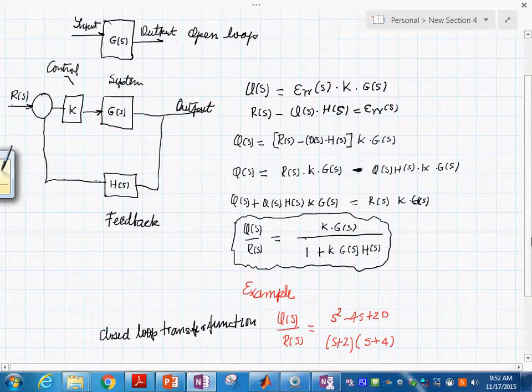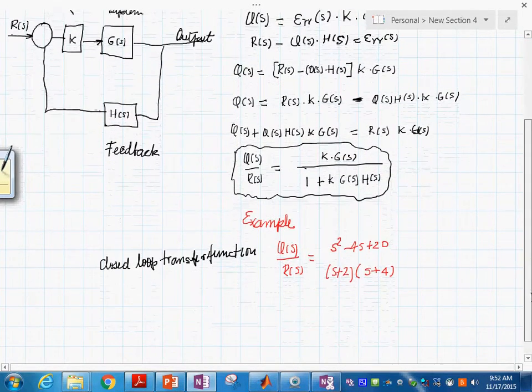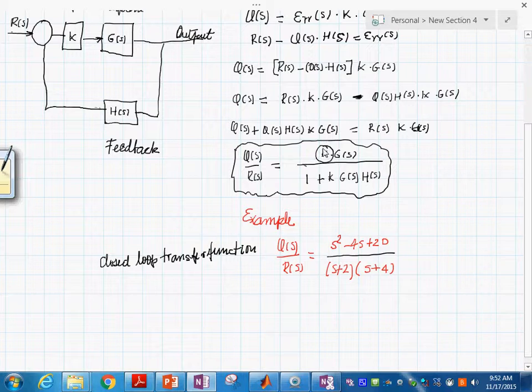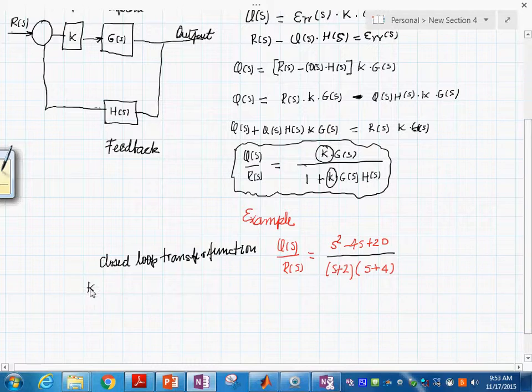So if we give the system a transfer function like the one we have right now, we could ask the system to study what happens to the roots if we change this K. So we could give the values of K equal to 1 all the way to K equals infinity, and study what is the change.